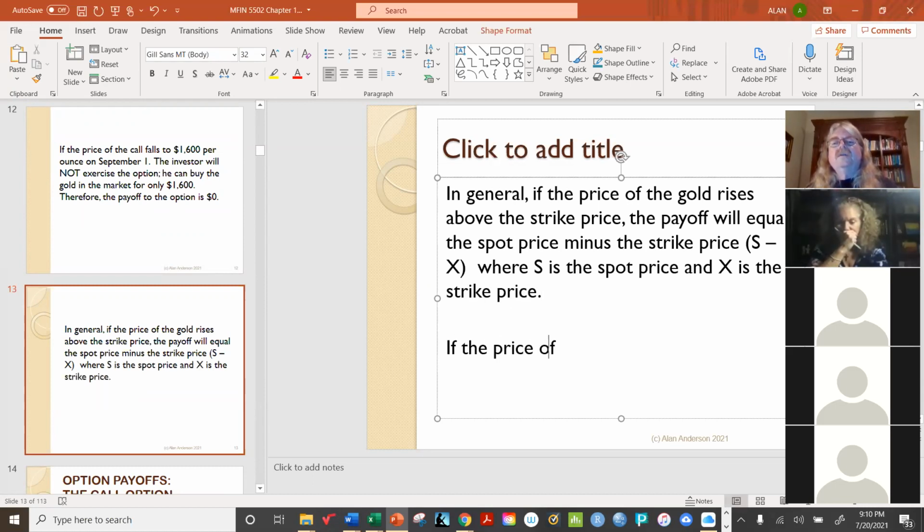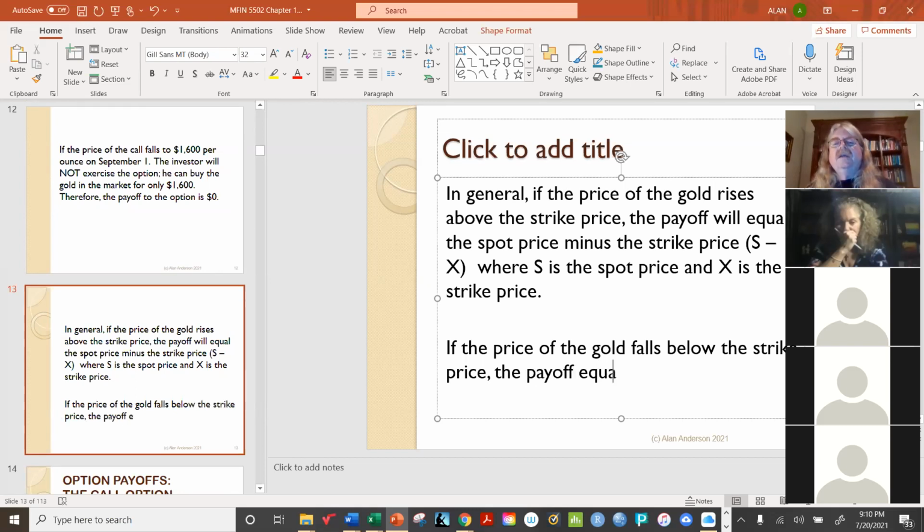If the price of the gold falls below the strike price, the payoff simply equals zero.